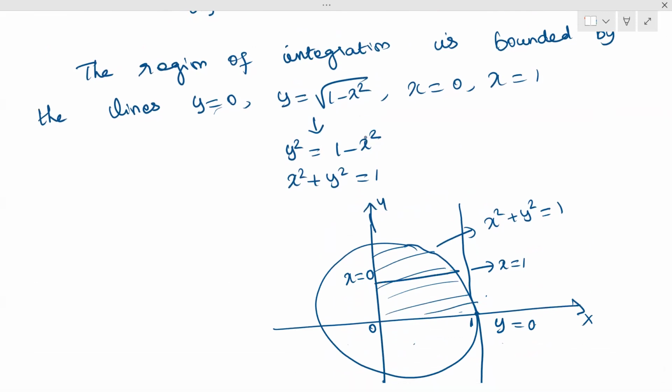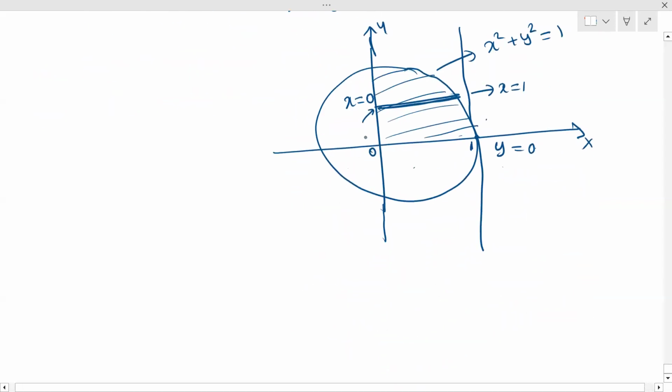So draw a line parallel to x-axis. Here what is the value of x? The starting point of the line touches x equal to 0, so x equal to 0. The end point touches the circle whose equation is x square plus y square equal to 1, so x equal to root of 1 minus y square.